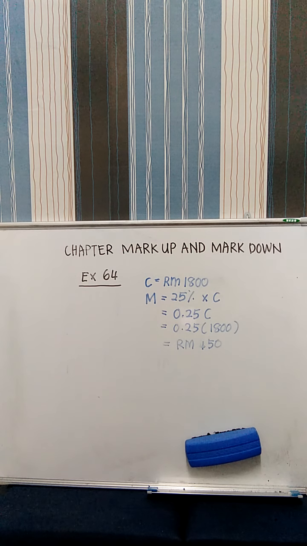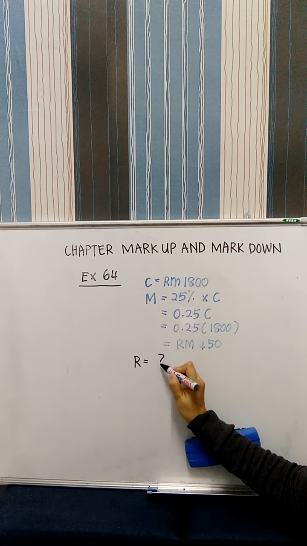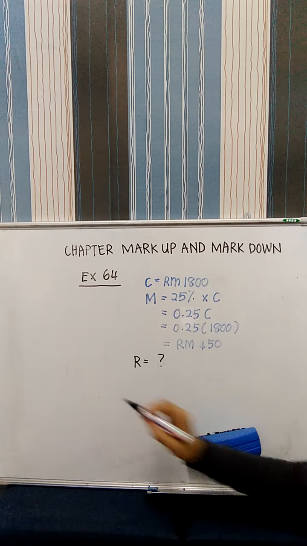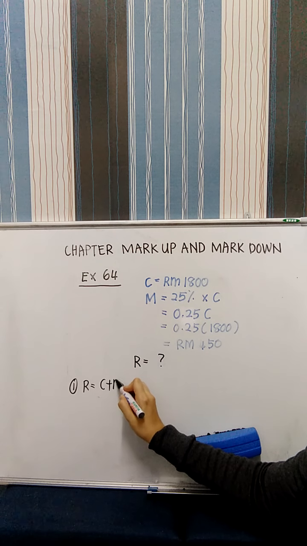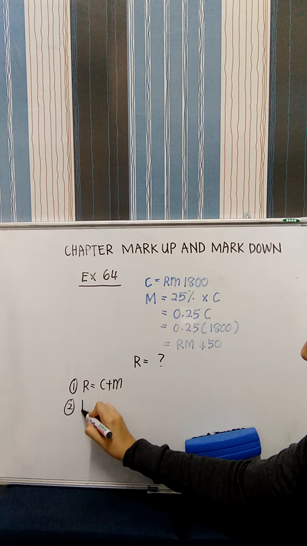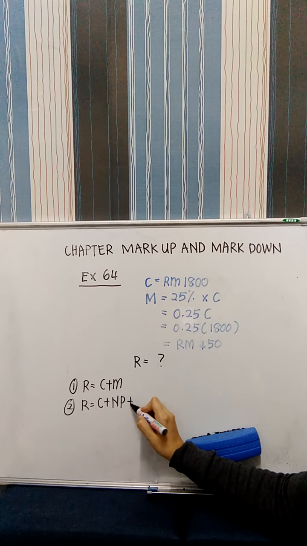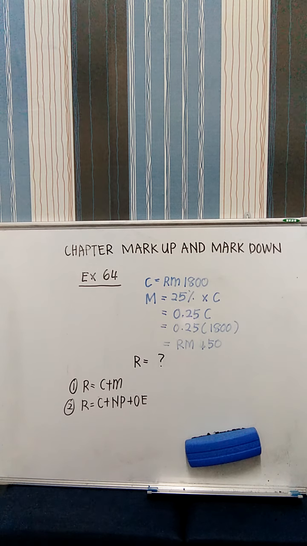So the question asks you, find the retail price. Find the R. To find the retail price, you have two formulas: R equal to C plus M, or R equal to C plus NP plus OE. So you choose the suitable formula.